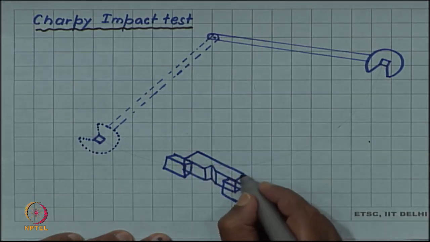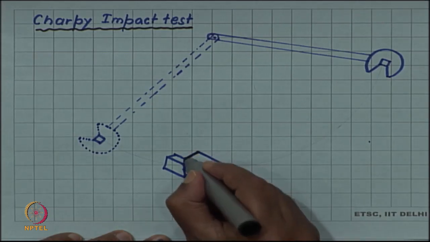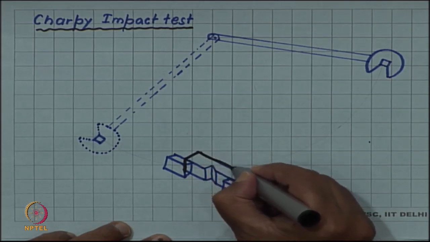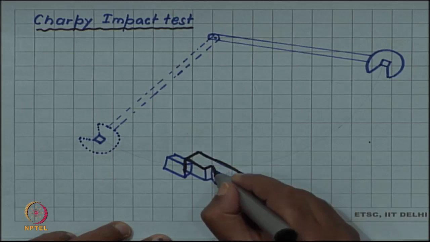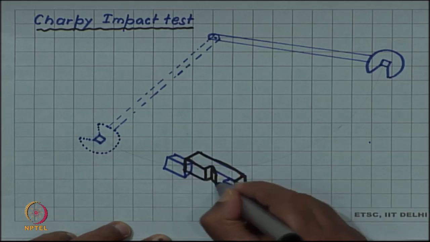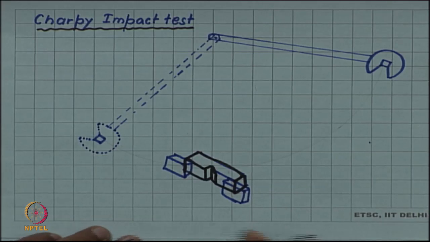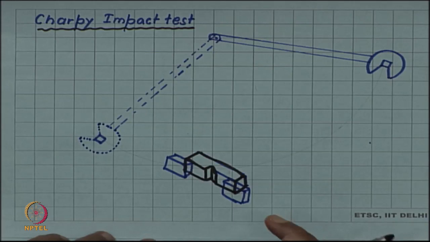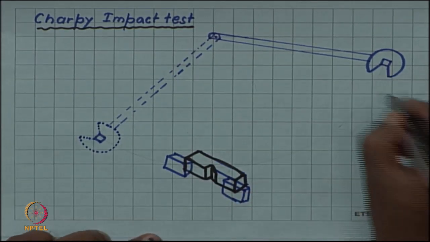This cross section is a square section, and it is a long rectangular specimen, but on one surface it has this notch. The sample is held supported at two ends, and it is a horizontal sample, and from behind it is struck by a very heavy pendulum.